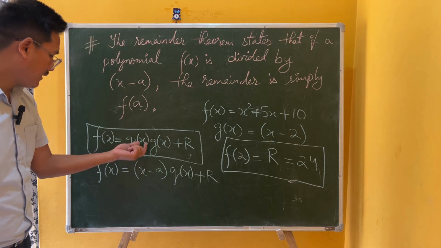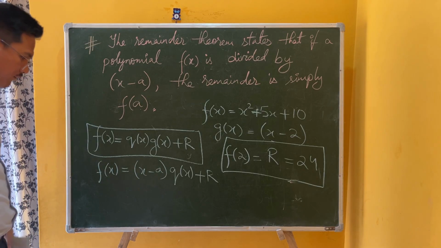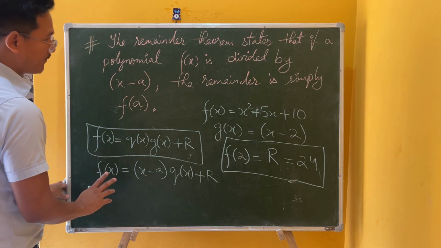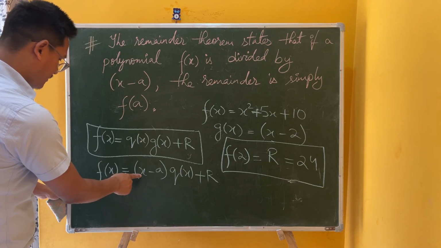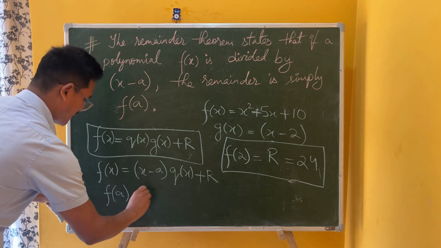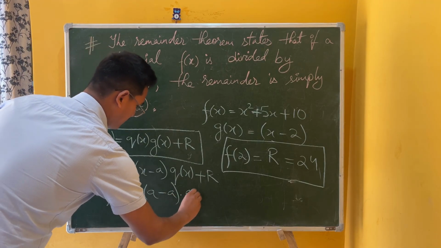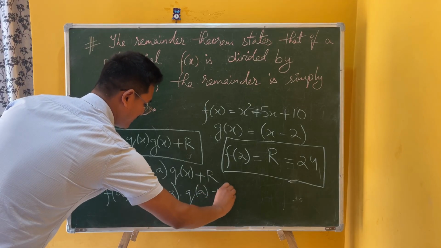I'm replacing the divisor by x minus a according to the theorem. Now, if you put x equals a, then here also it will become f of a equals (a minus a) q of a plus r.